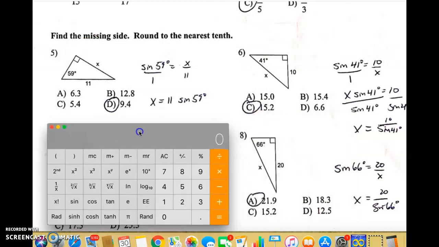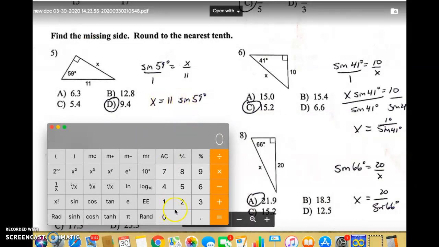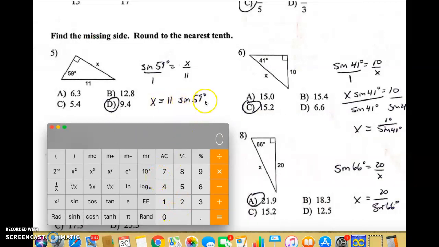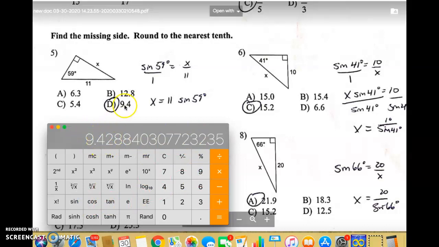If I'm going to do that one, in the basic calculator, this is the very basic, not the grapher, if I do 11 sine 59, I would have to do 11 times 59 sine. So that's the sine of 59, then hit equals. That'll give you 9.42, which is that one.